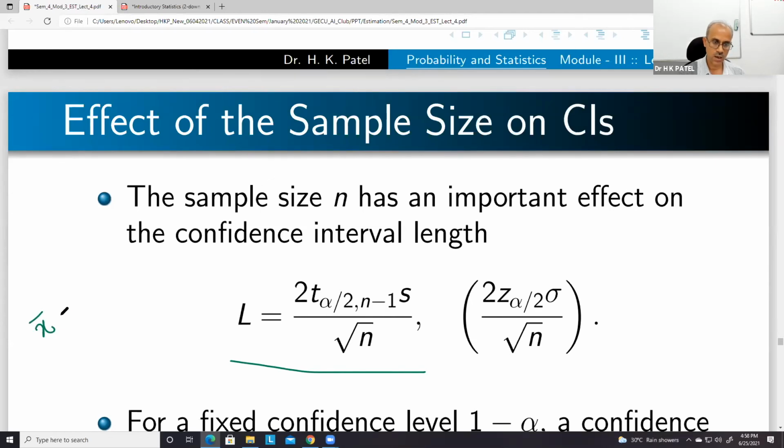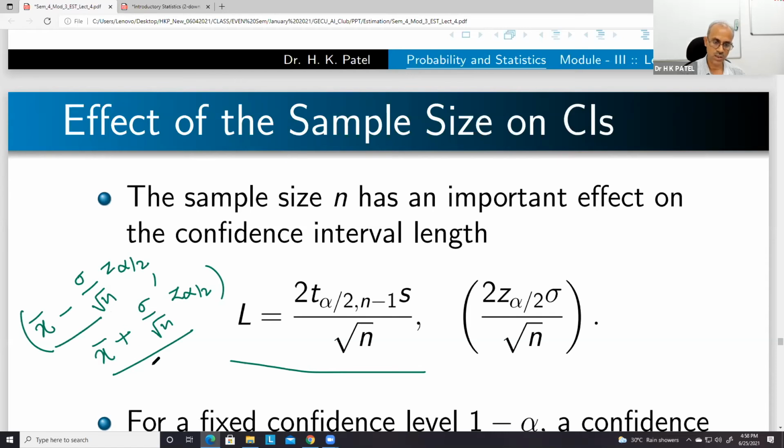The left end is x bar minus sigma upon root n Z alpha by 2, and the right one is x bar plus sigma upon root n Z alpha by 2. If you subtract the left number from the right one, you can see that it will be 2 sigma Z alpha by 2 by root n. So this is the length of the interval.